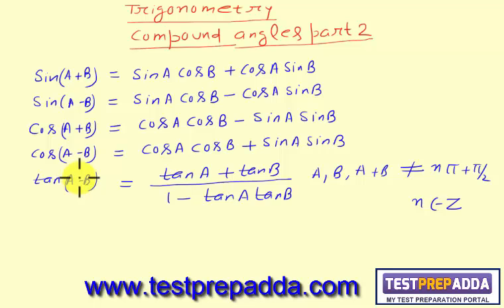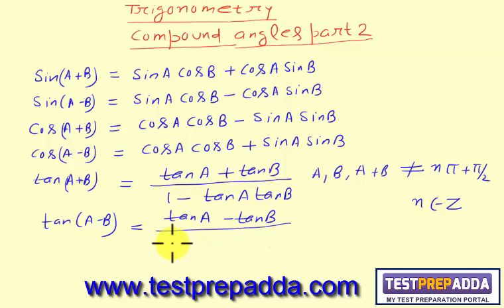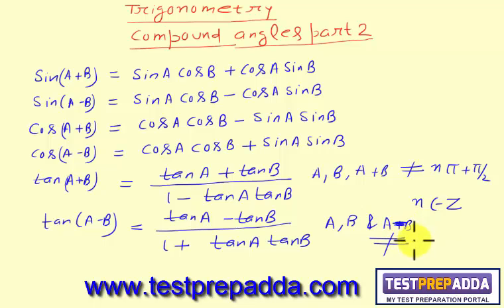Similarly, tan A minus B was tan A minus tan B upon 1 plus tan A tan B. Here the condition was that A, B and A minus B this time should not be equal to n pi plus pi by 2.